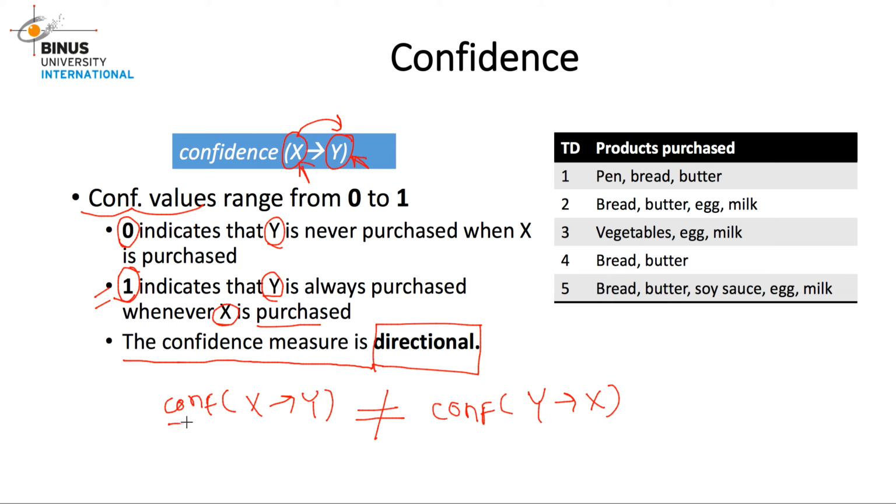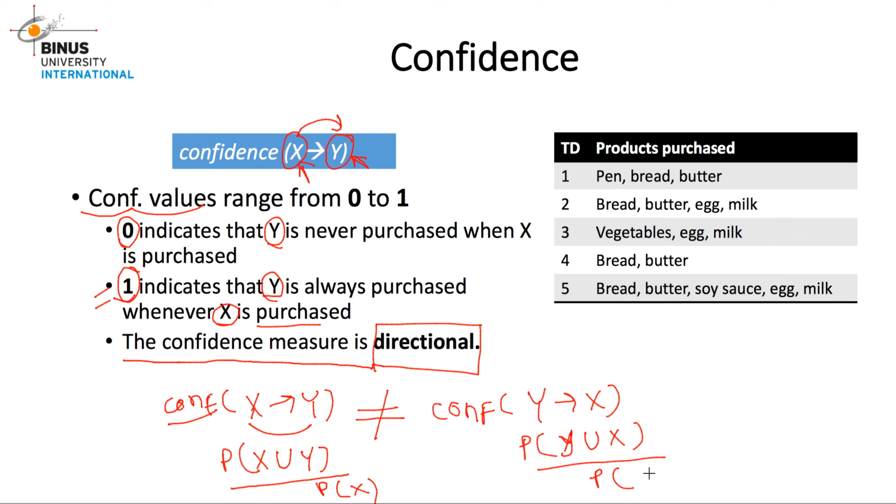This one comes from the occurrence of X union Y, divided by the number of X. And this one is the frequency of Y union X divided by the frequency of Y, right? That's why this is not the same. That's what we call directional.